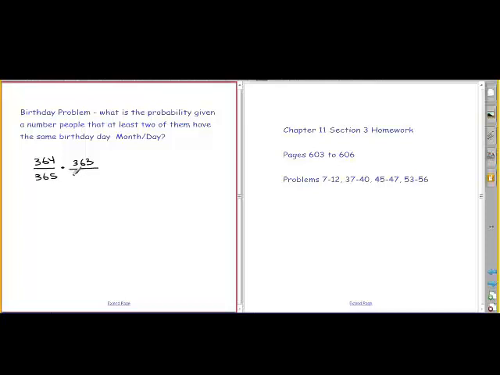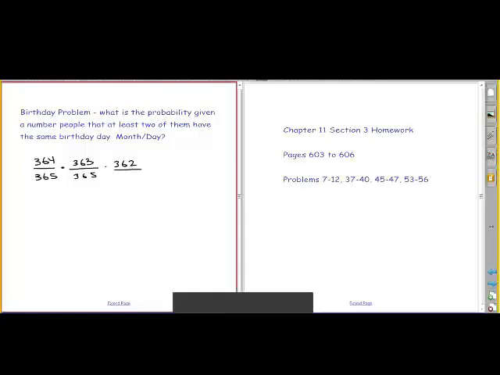Let me think. It must be 365, otherwise it just cancels out. So every time you add a person, the numerator is reduced by 1. And you have this cumulative probability that I don't have the same birthday, and you don't have the same birthday, and so on. So it is a conditional probability as I go along.